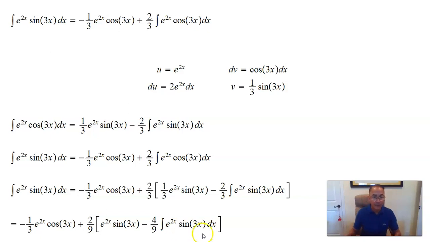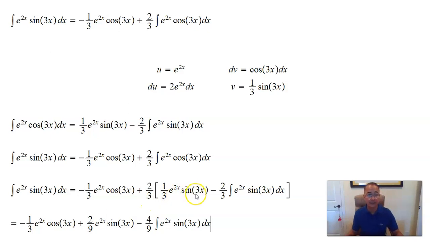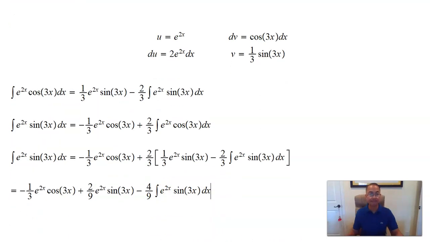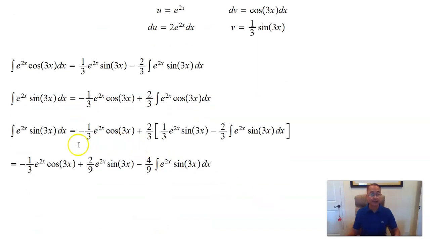And we are ready to erase the brackets. And as always, give it one more look. Minus 1/3, this doesn't change. 2/9 e to the 2x sine of 3x. Minus 4/9 integral of e to the 2x sine of 3x dx. Okay, so that distributes the right side.